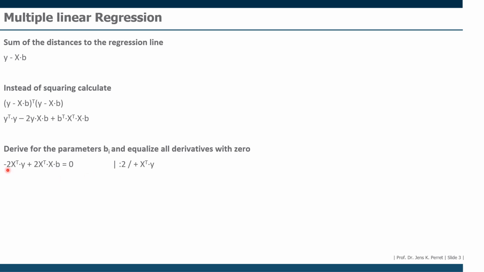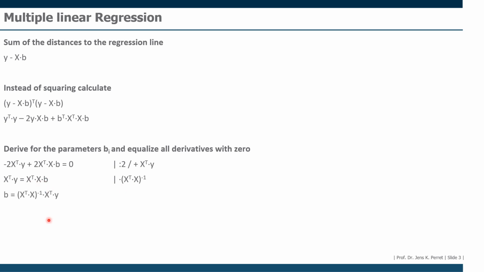In this case, we see we can simplify this by first dividing by 2 and bringing this part on the right side. Then it looks like this. Now the problem is we would simply divide by this part, but we're not allowed to, because you cannot simply divide by matrices. So we're going to multiply this with the inverse of this expression.